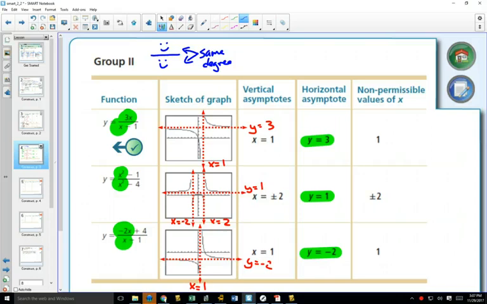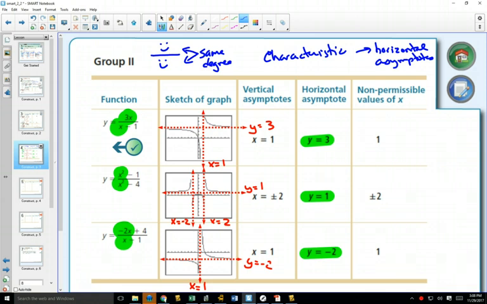The characteristic then is that will always create horizontal asymptotes. These ones also had vertical asymptotes because they had non-permissible values.